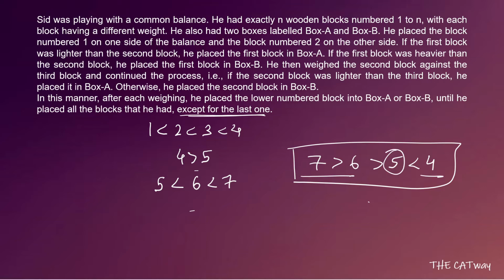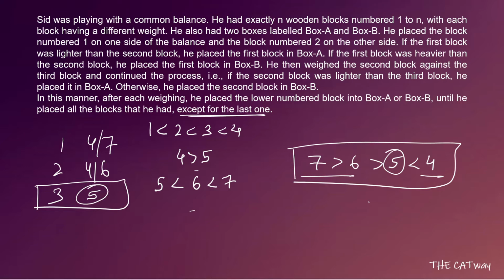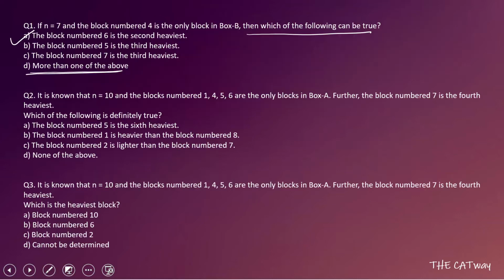While arranging in order of heaviest, 5 can never come in the third position, because that position will be occupied by either 4 or 6. That is 100% sure. So this option can never be true. Let's cross it.